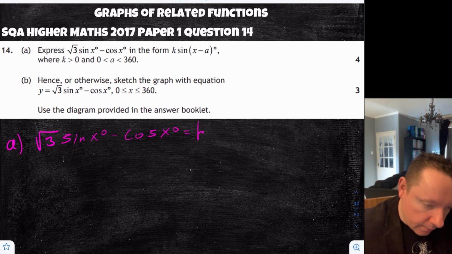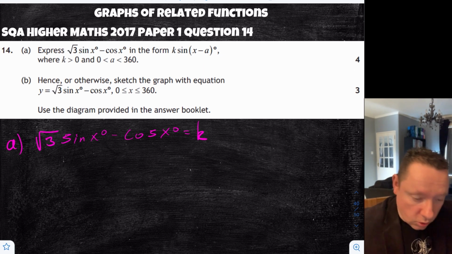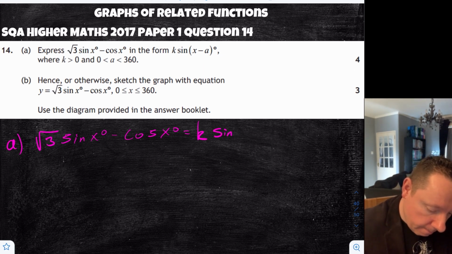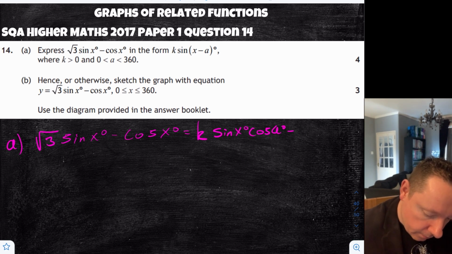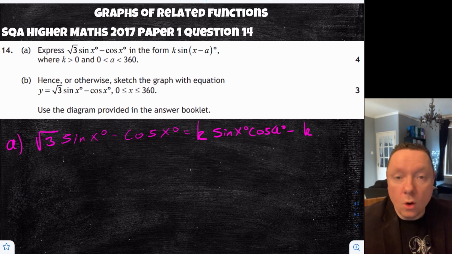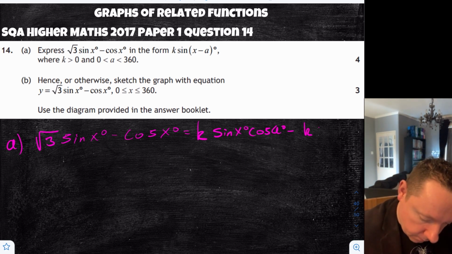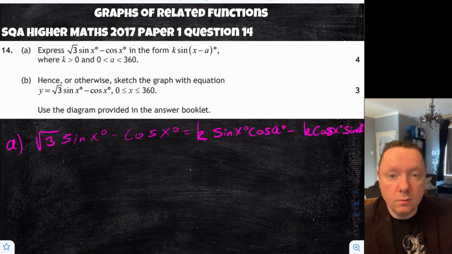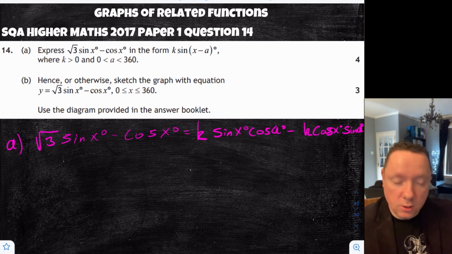That's k sine x cos a minus k cos x sine a. Okay, so then we just equate the parts to each other.